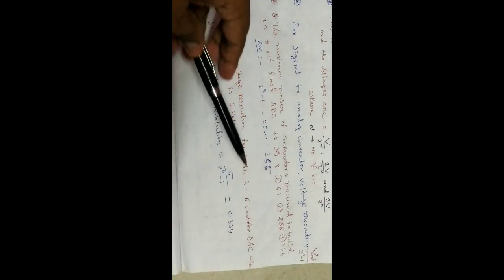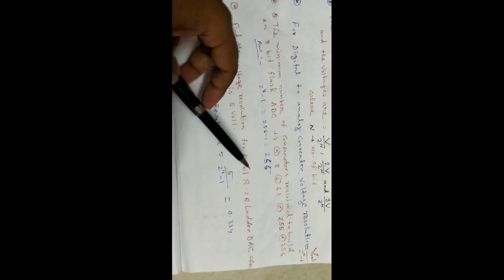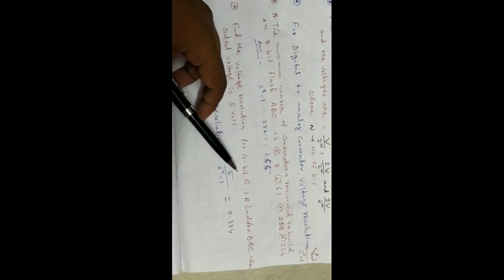So voltage resolution equals V output divided by 2 to the power n minus 1, here 4-bit, so 5 volts divided by 2 to the power 4 minus 1. You can easily find that the voltage resolution is 0.334. And these two problems are very important for the MSc entrance examination.